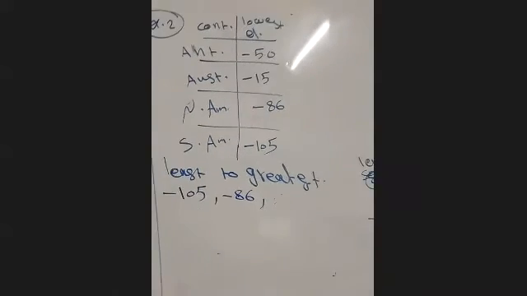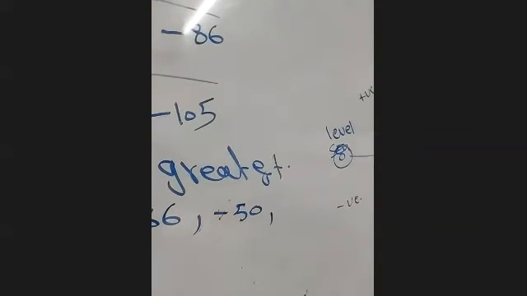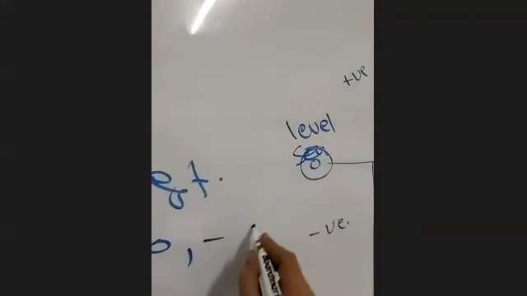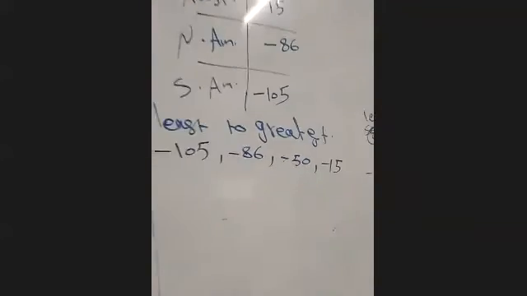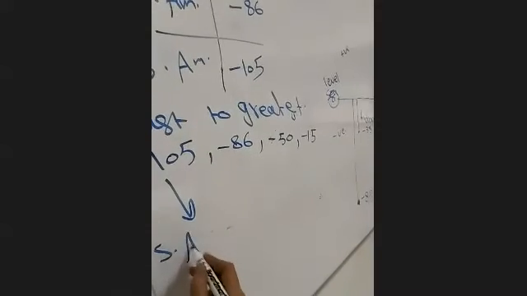North America, negative 86. Next, what do we have? Antarctica, which is negative 50, right? Next, negative 15, Australia, the greatest integer. So negative 105, South America.